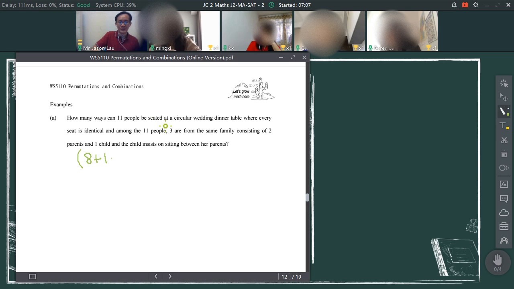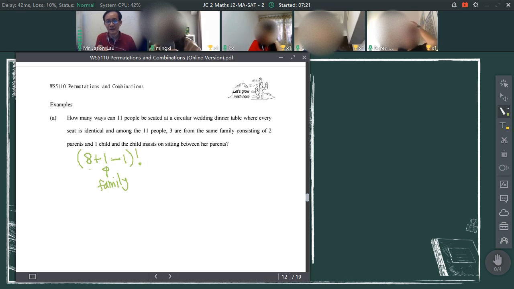1? The 8 people plus the 1 family, you are trying to put them together. Oh, right. But I thought you had to minus 1 afterwards. Yeah, we minus 1 again. What I mean is we write it in the circular permutation formula way. So we have 8 plus 1 minus 1 factorial.